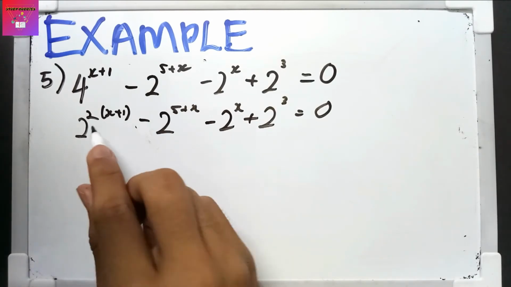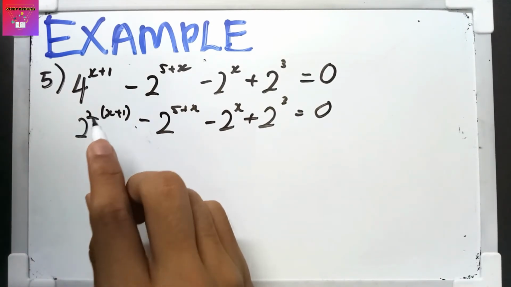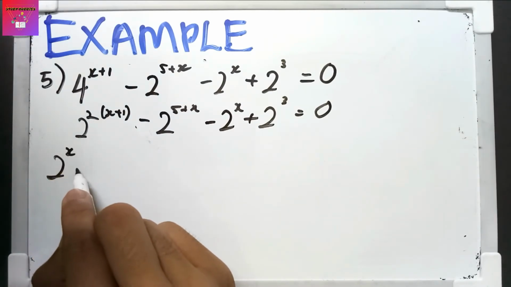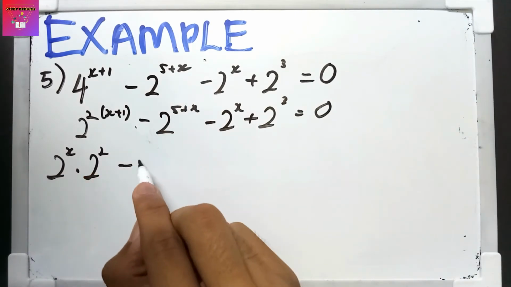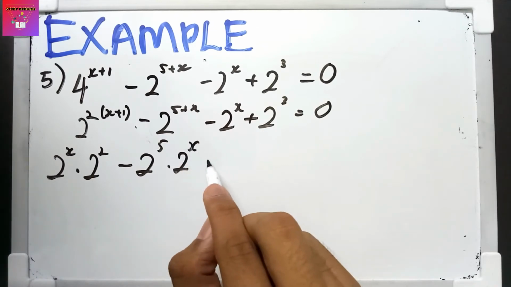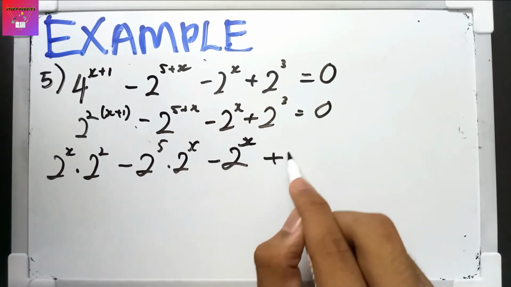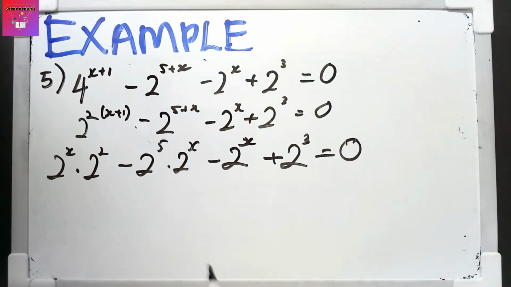Now moving to the next step, if you multiply it in, it's going to be 2 to the power of 2x plus 2, and after that if we split it, it's going to be 2 to the power of x times 2 to the power of 2, minus, split this, 2 to the power of 5 times 2 to the power of x, minus 2 to the power of x, plus 2 to the power of 3 equals 0.